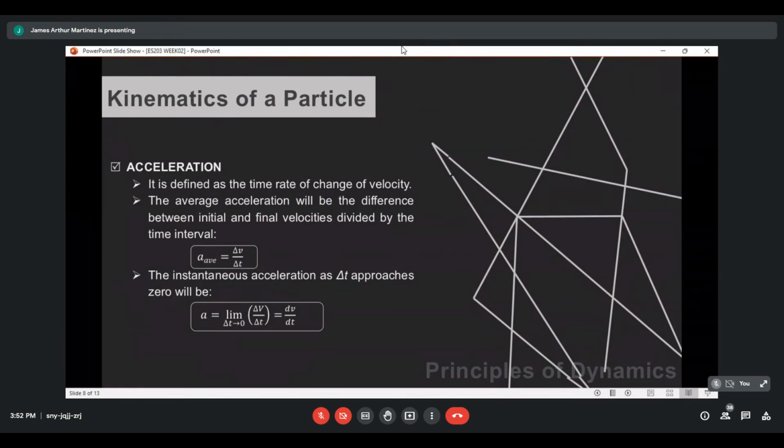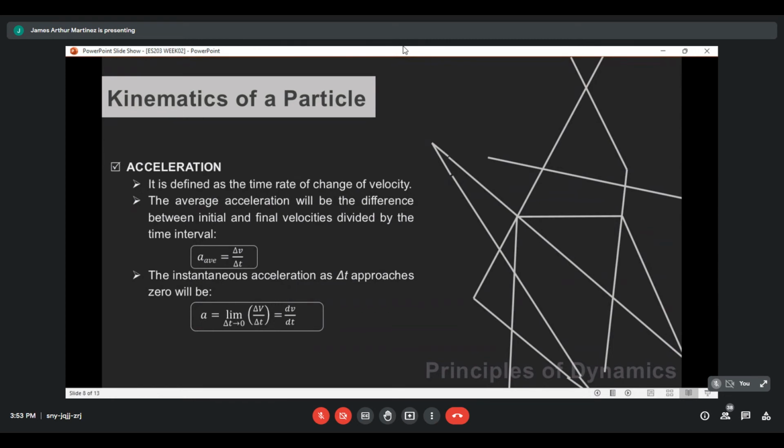Therefore, average acceleration is equal to the change in velocity over the time interval, or final velocity minus initial velocity all over time elapsed. So that is how to compute the average acceleration.